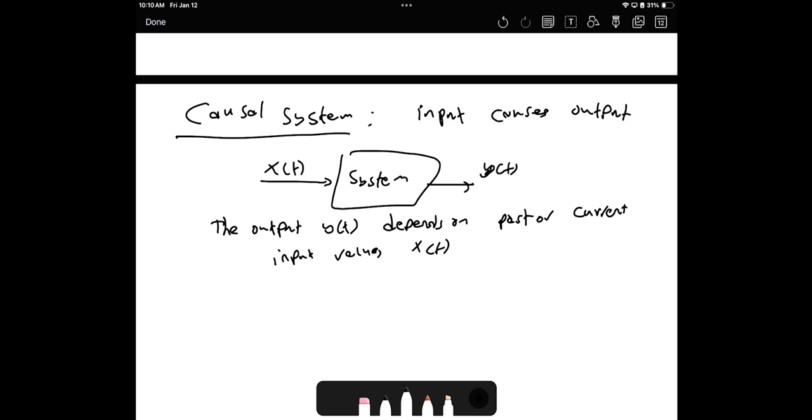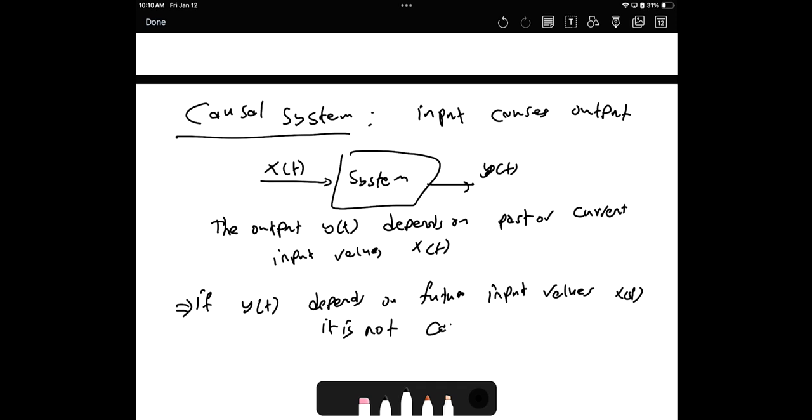If we realize that y of t depends on future input values, then it is not causal. Okay? So in order to consider the system causal, it must depend on the present or the past. While if it depends on the future, then it's not causal.